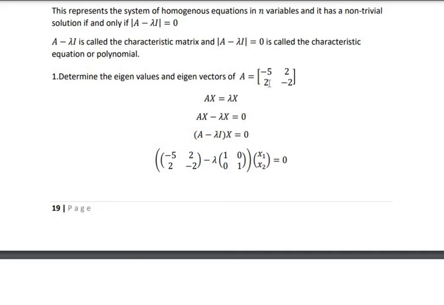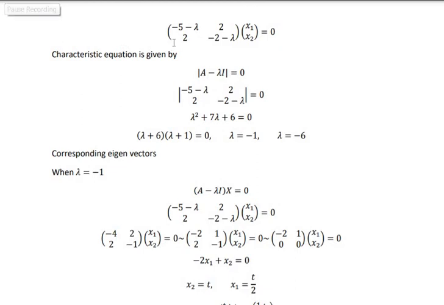So we can substitute the matrix A, minus 5, 2, 2, minus 2, minus lambda times I, which is a 2 by 2 identity 1 0 0 1, then the unknowns x1, x2. So that will be equal to 0. That is minus 5 minus lambda, 2, 2, minus 2 minus lambda, times x1, x2, equal to 0.